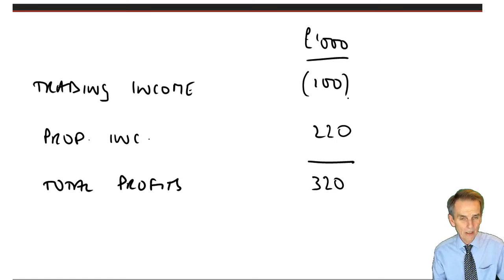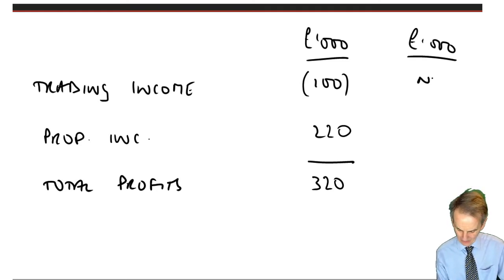Now, it still means it's a profit-making company. Because on its CT computation, what will it show? It won't show a bracketed £100,000 trading loss. It will show nil. It has, therefore, property income, 220.